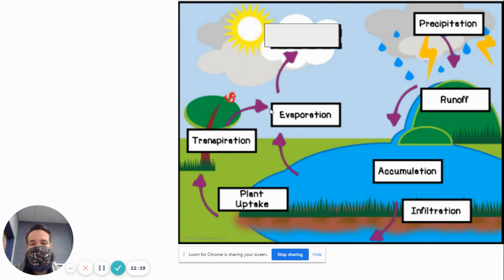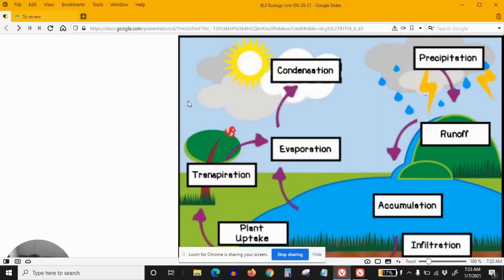Some textbooks will combine the two words into evapotranspiration. And then lastly, we have condensation. And when there's enough condensation in a cloud, then a storm cloud will form and you have precipitation and so forth and so on. Okay.